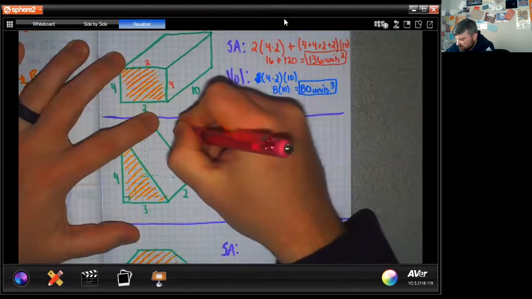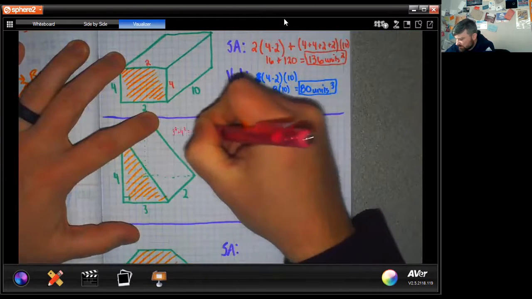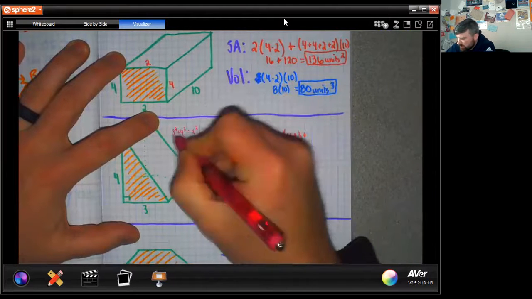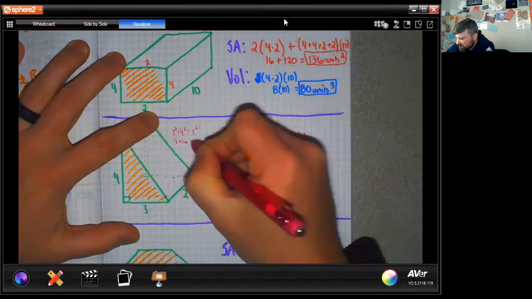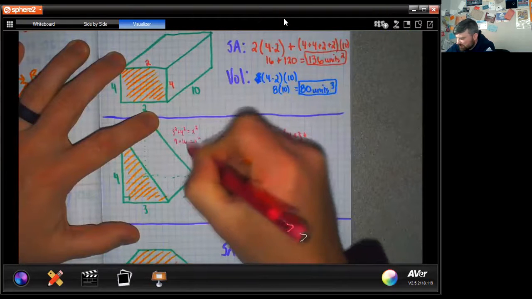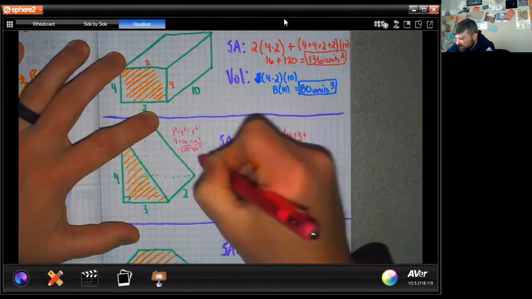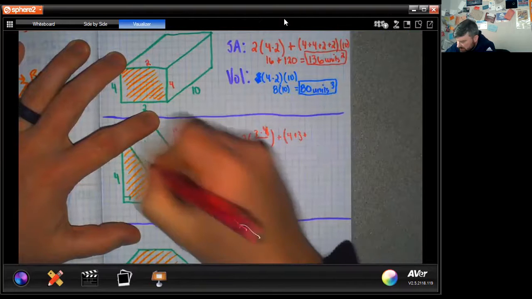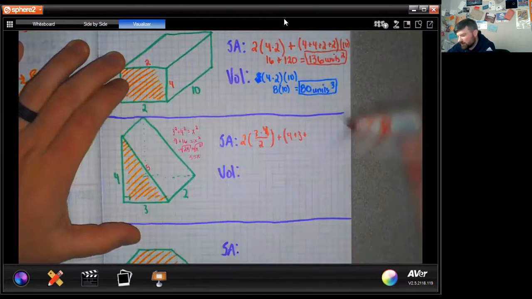So that's 3 squared plus 4 squared equals x squared. 3 squared is 9 plus 4 squared is 16 equals x squared. 9 and 16 make 25. And then we square root. So x is 5. So actually this side right here is 5. Again, it's our 3, 4, 5 right triangle.